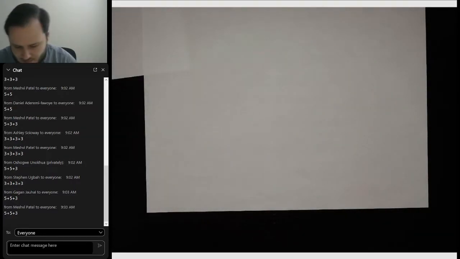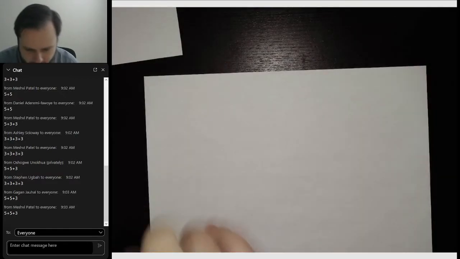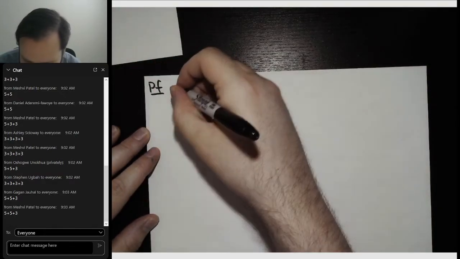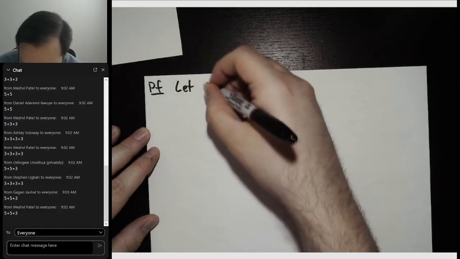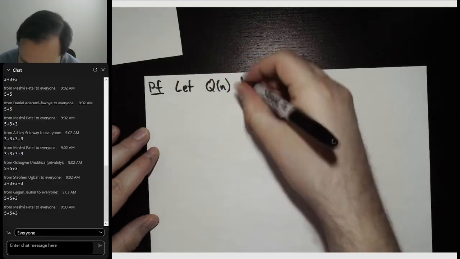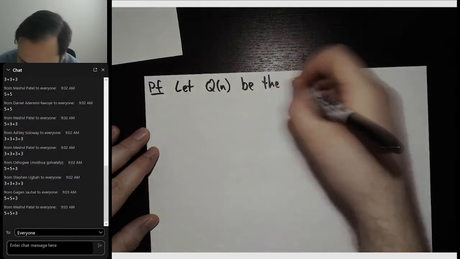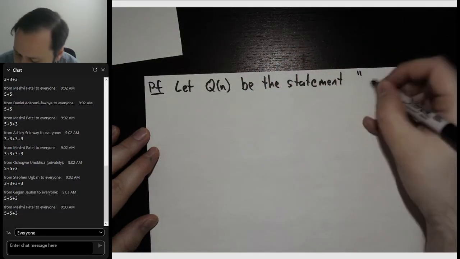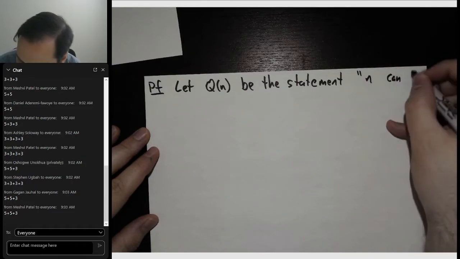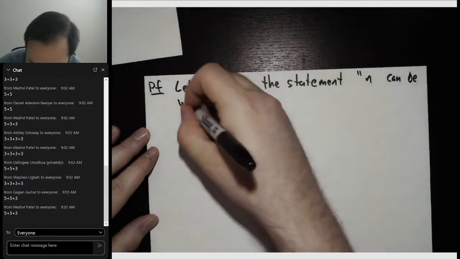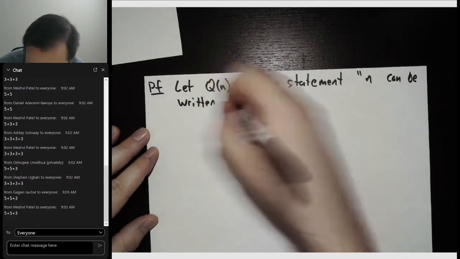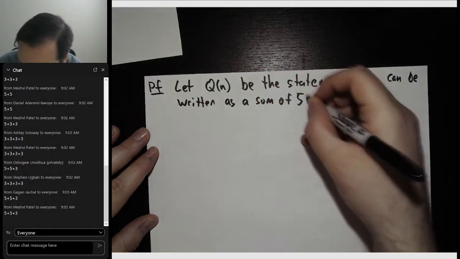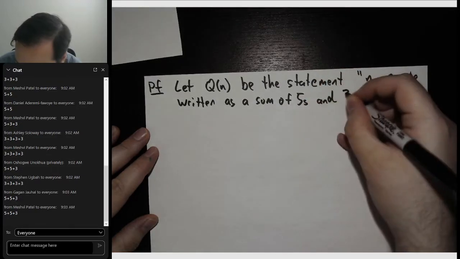So claim, or I guess I'll say proof, let Q of n be the statement n can be written as a sum of 5s and 3s.